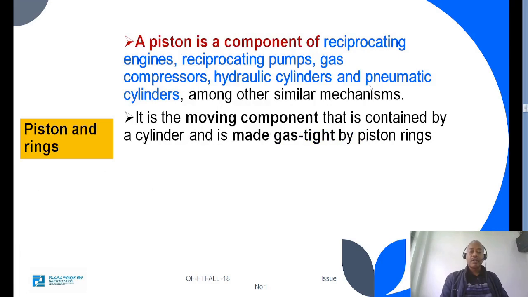Piston and ring. A piston is a component of a reciprocating engine, reciprocating pump, gas compressor, hydraulic cylinder, and pneumatic cylinder, among other similar mechanisms. It is a moving component that is contained by a cylinder and is made gas tight by piston rings.